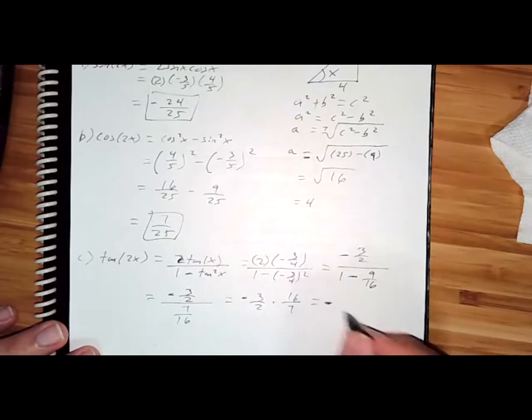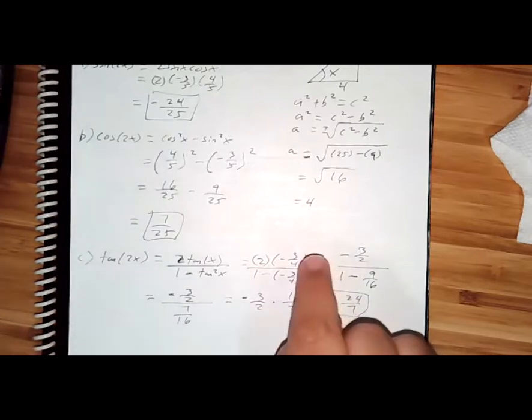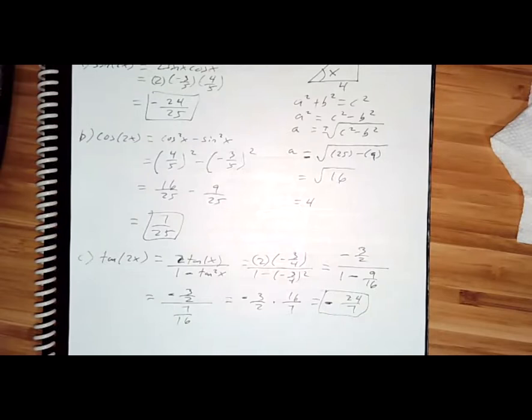Which will be still negative 24 over 7. There it is. Sorry, that was just a weird fraction, but you see the idea, right? What we're doing is plugging in tangent here and here. Any questions on part C?